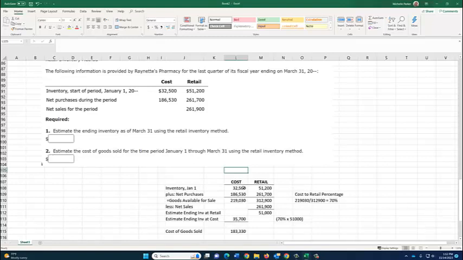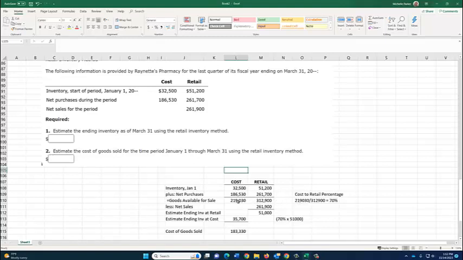So I've copied down the cost figures and copied down the retail figures. So I've added the two together and I have goods available for sale at cost and goods available for sale at retail. So what we need to figure out now is what percentage of this retail figure is our cost.